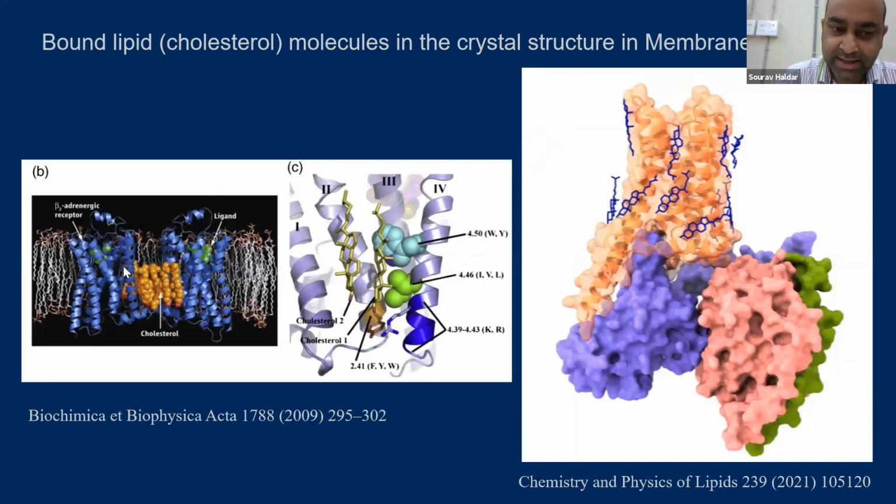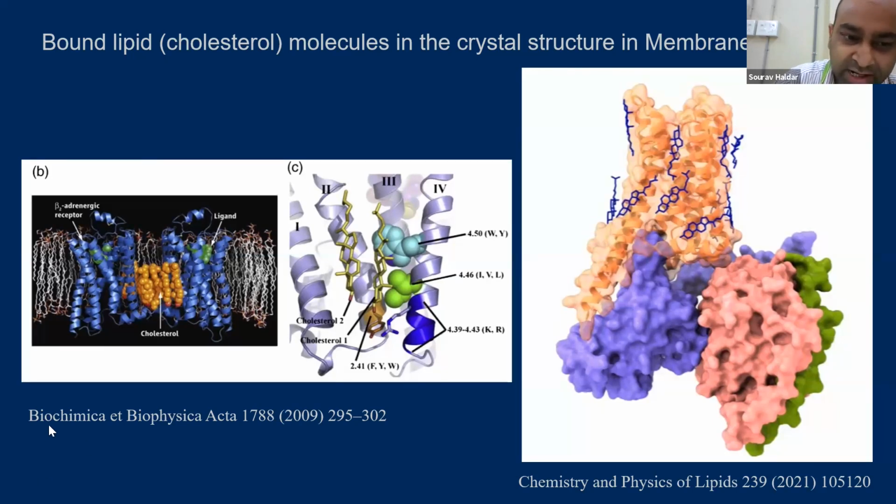This is a crystal structure of beta-2 adrenergic receptor, again determined by Brian Kobilka. In that structure, they found that the cholesterol molecule is found between the interface of two dimers. This is also shown here. So these are called the non-annular lipids.